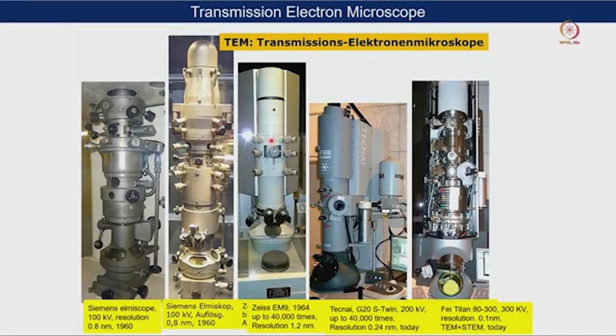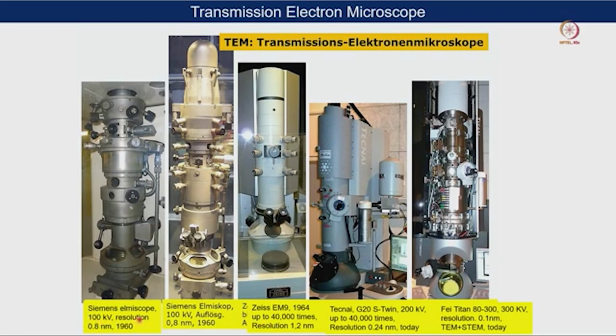Now I am showing you some different types of microscopes over the period, starting from 1960, that is the Siemens microscope here, and then the same company in 1960 has another type of microscope here. Zeiss also had an electron microscope in 1964, and it has a different capability.